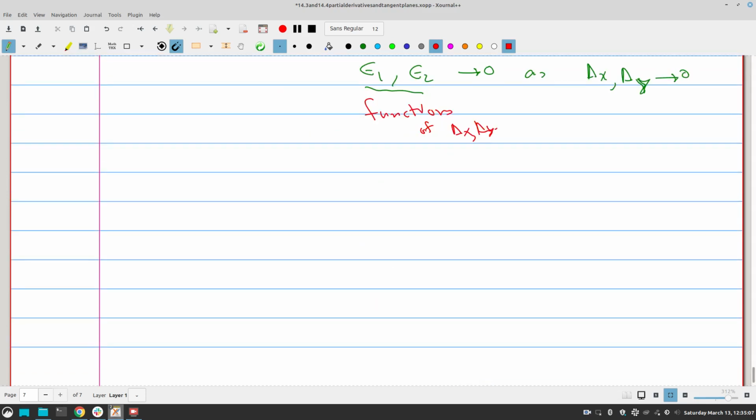So far we've looked at the definition of differentiability in 2 and 3 dimensions. Now let's look at the theorem that tells us how we're going to use that definition. Theorem. This theorem is derived from the definition.